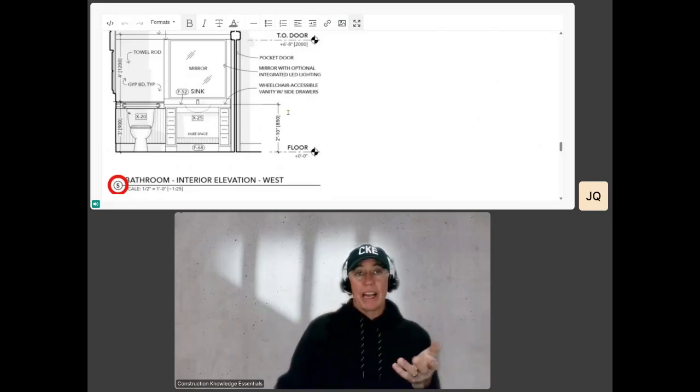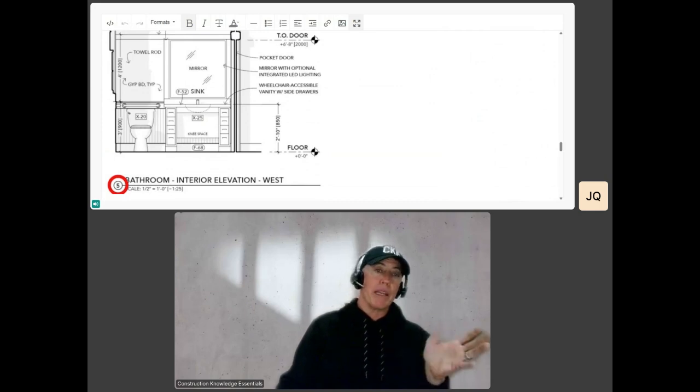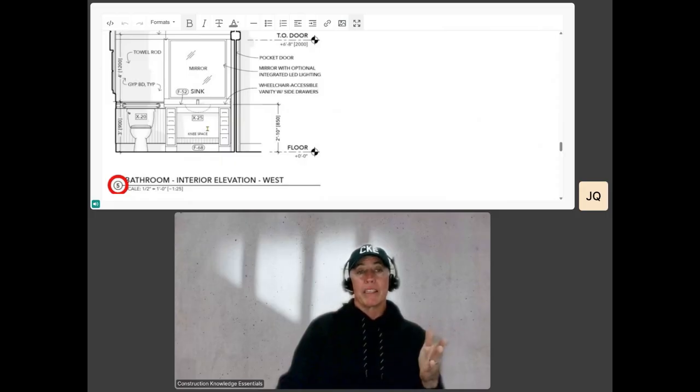And as it says here, wheelchair accessible. It's ADA compliant, so you could build this on the first floor and meet that standard. Usually you wouldn't find this in a person's standard home, but you would find it in a rental unit or a condo, something where it needed to meet that ADA standard.